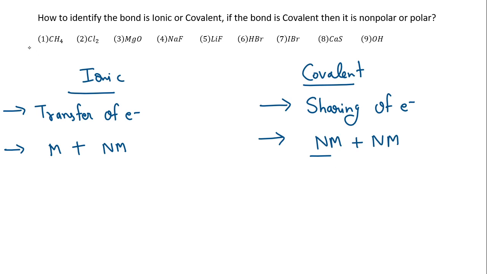So let's start with this molecule. Here we have the CH4 molecule. Write down the chemical structure of CH4. So here we have CH bond. As we know, carbon is non-metal and hydrogen is also non-metal.